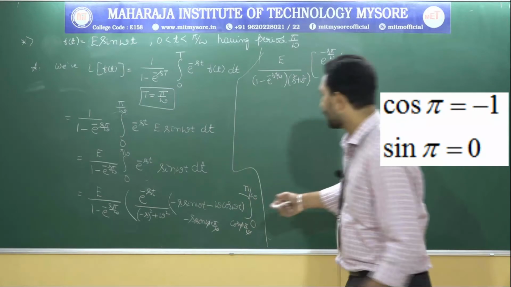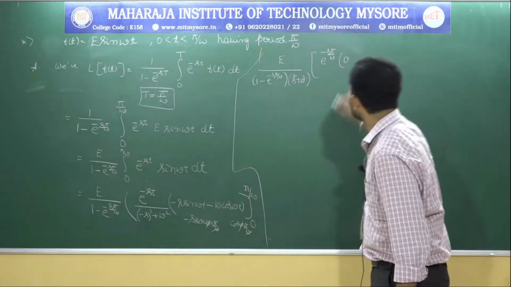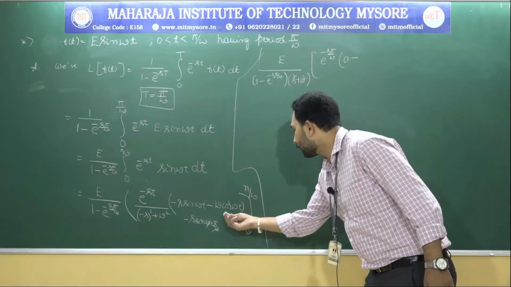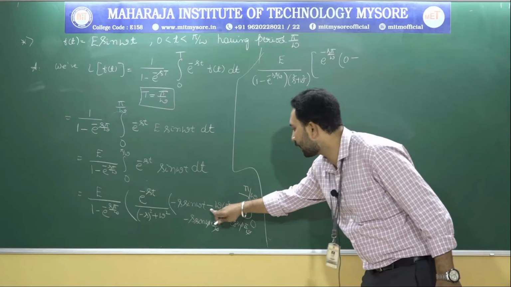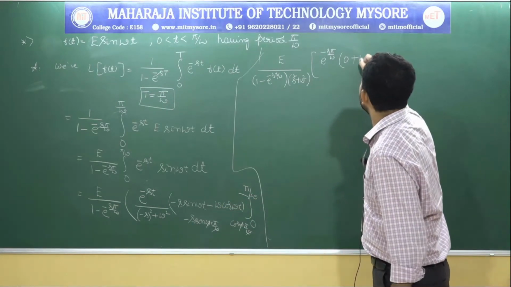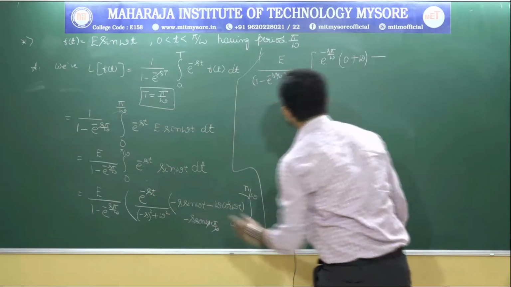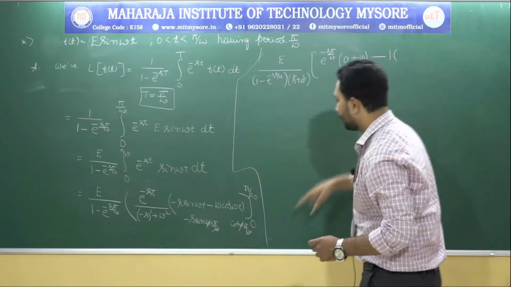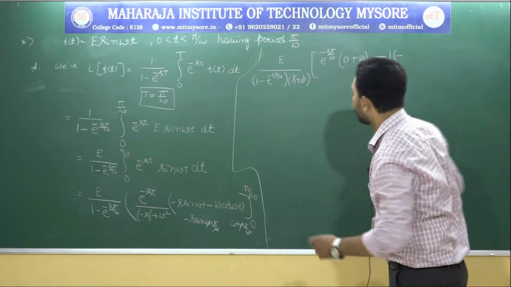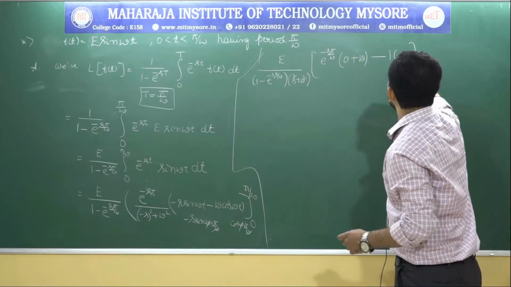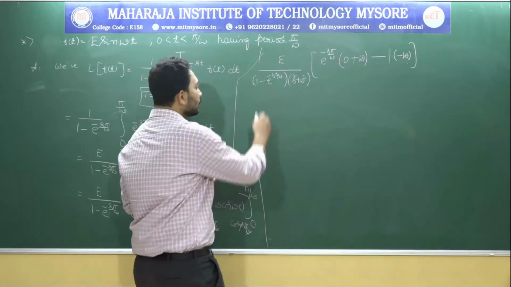So I can write this as 0 minus cos pi. If I put pi by omega here, that is cos pi, it is minus 1. Already we have minus, it is plus omega, minus lower limit e power 0, it is 1 into sin 0 is 0 minus cos 0 is 1, 1 into omega is omega. So we have minus into minus omega, it is plus omega.